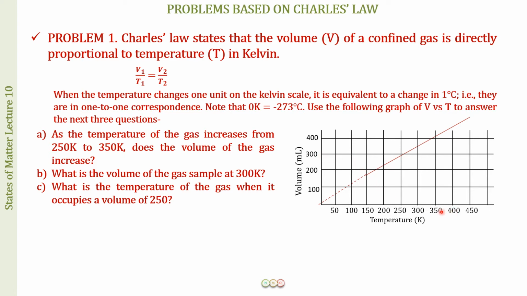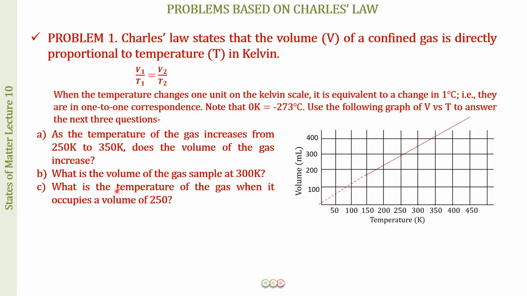And when we see 350 Kelvin and the y-axis value corresponding to this point, it is approximately 400 ml. So from 300 to 400 ml, the volume has increased on the increase of temperature from 250 to 350 Kelvin. So as the temperature of the gas increases, the volume also increases.